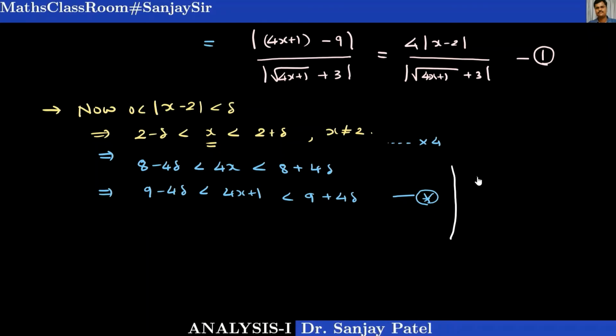So if I choose 9 minus 4 delta equal to, say, 4, what I will get is 5 equals 4 delta, and that gives me delta equal to, say, 5 by 4, greater than 0. Let us try this number and see what happens here.